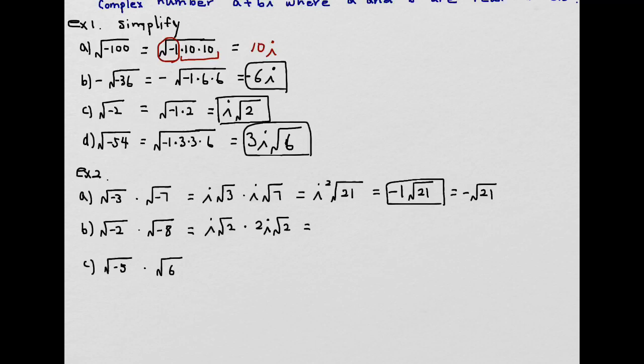And this is all multiplication, so it will be 2i times i is 2i squared, times square root of 2 times square root of 2. Well, 2 times 2, so it will be another 2, so it will be 4i squared. And we know i squared is equal to -1. Don't forget that. So i squared is always equal to -1. So this will give you -4.